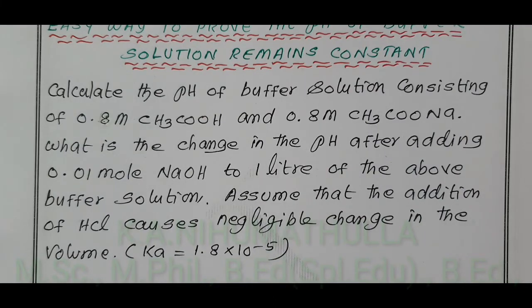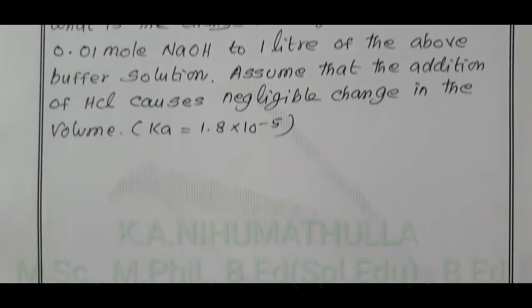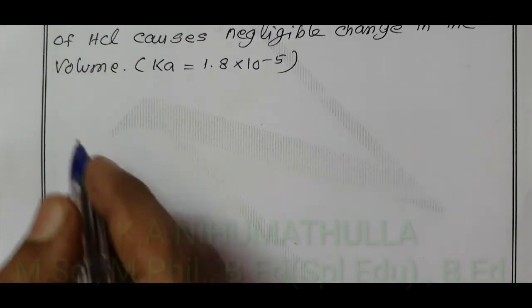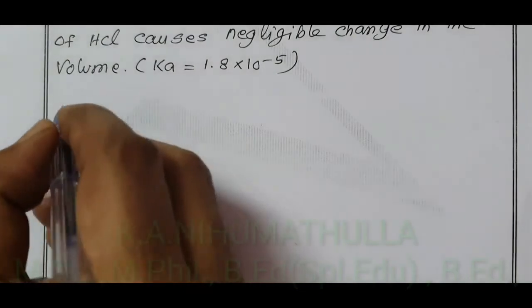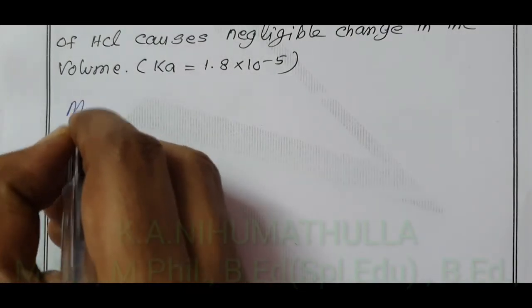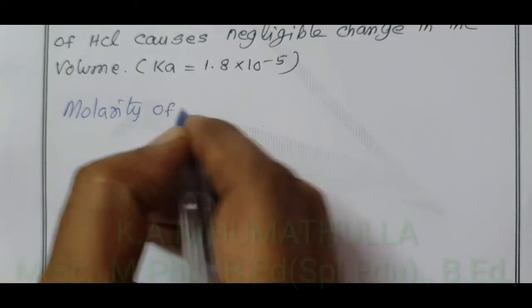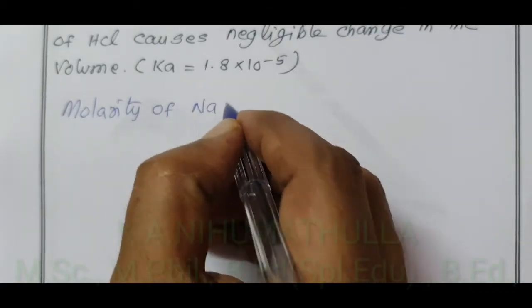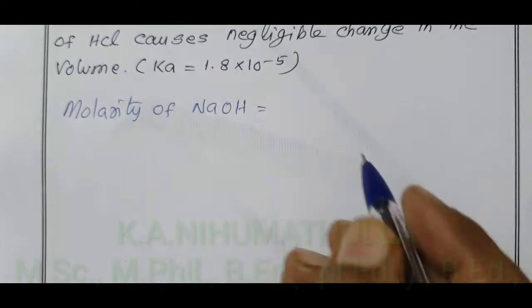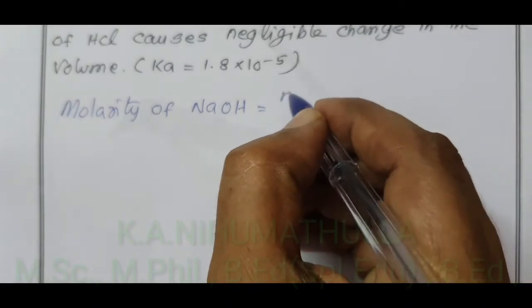Now, 0.01 mole sodium hydroxide in 1 liter, that value is given. So first we are going to calculate the molarity of sodium hydroxide NaOH. What is the formula?